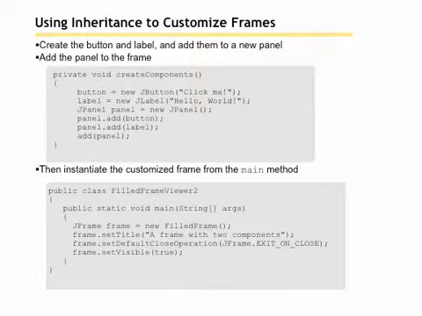So here we can create the button and the label and add them to the new panel in a createComponents method, and then we can instantiate a customized frame in the main method by saying JFrame frame equals new FilledFrame.